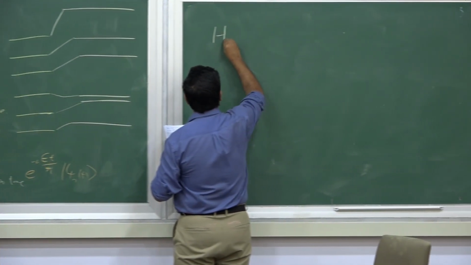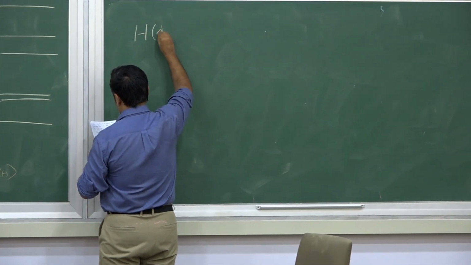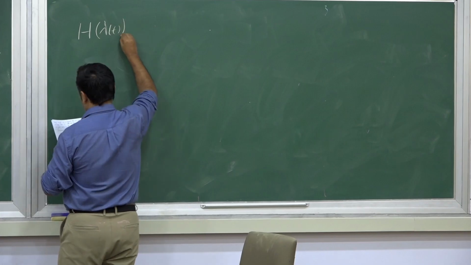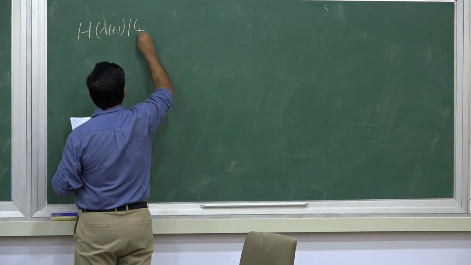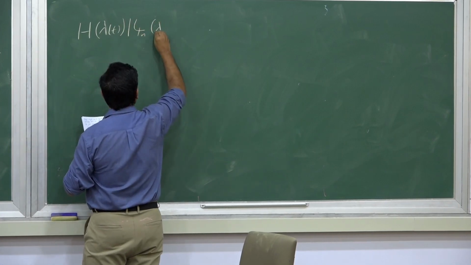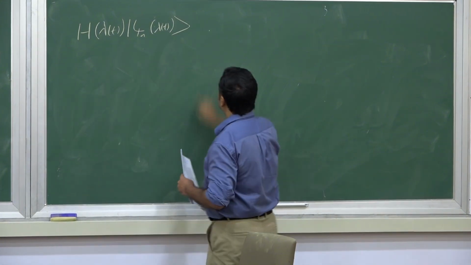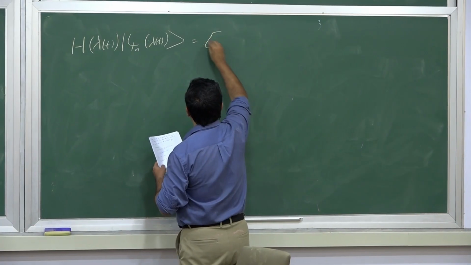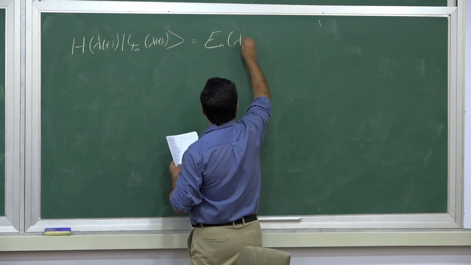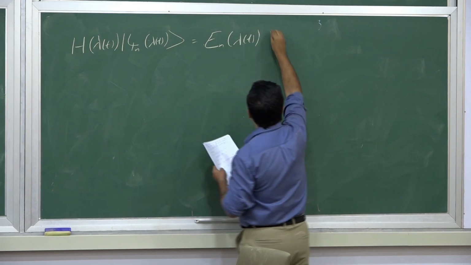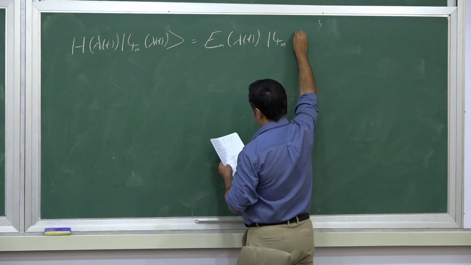So suppose I start with this Hamiltonian. It will have a spectrum depending on the parameters, and the parameters are depending on time.